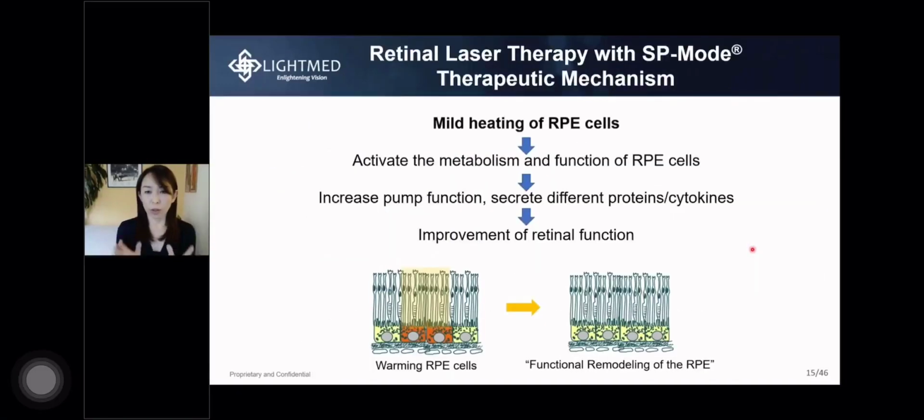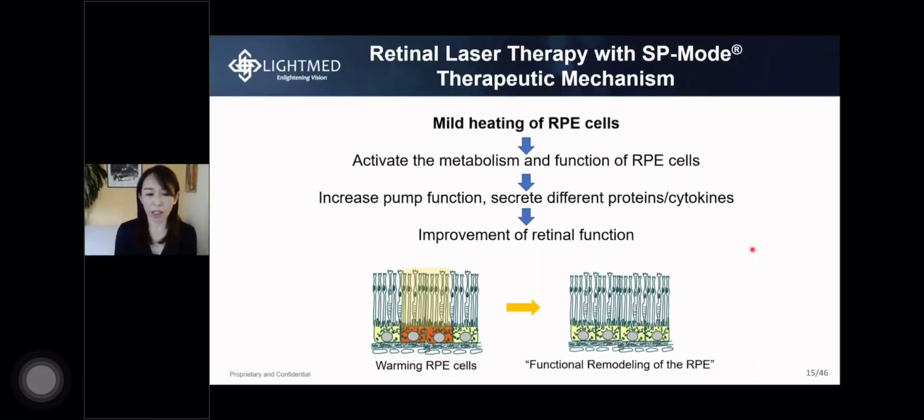And what we want to do with SP mode, the therapeutic mechanism, is heat the RPE very mildly, and we expect activation of the metabolism and function of RPE cells. It can increase, for example, pump function for water accumulation, or secrete different proteins, cytokines, which can be very positive to retinal function.